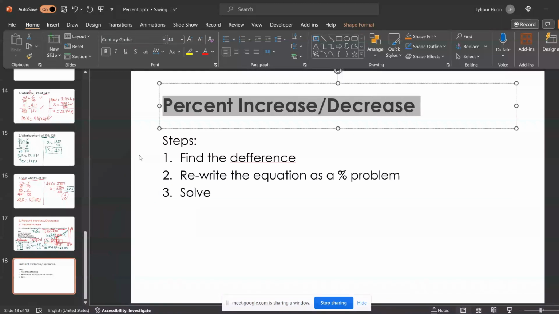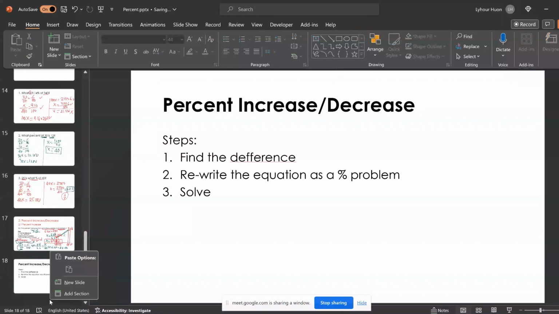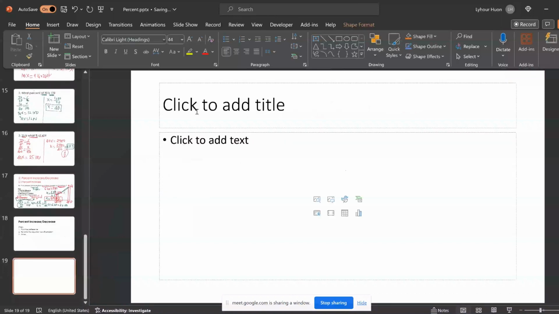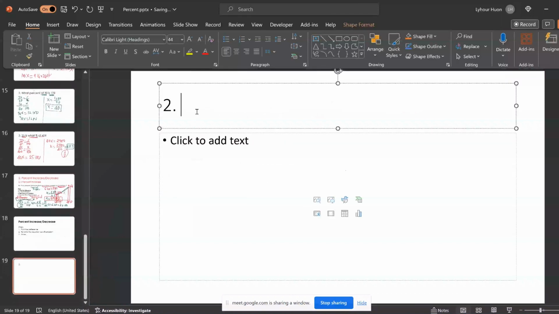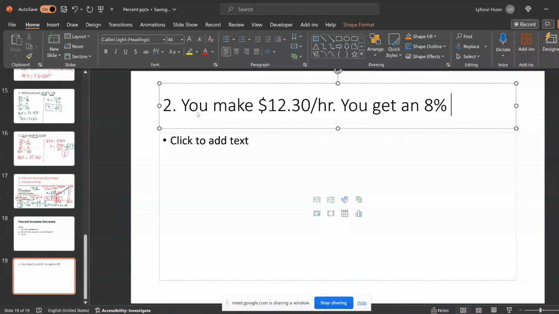Okay, so let's give another example. For example, you make $12.30 per hour, and you get an 8% raise.